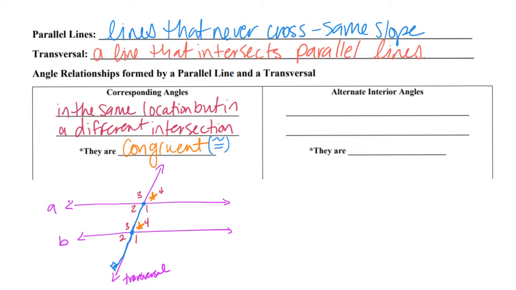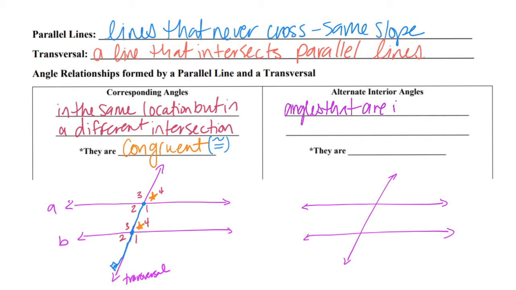All right, now we're going to move on to alternate interior angles. So you still have your 2 parallel lines cut by your transversal. The definition for alternate interior angles is angles that are inside the parallel lines on opposite sides of the transversal.